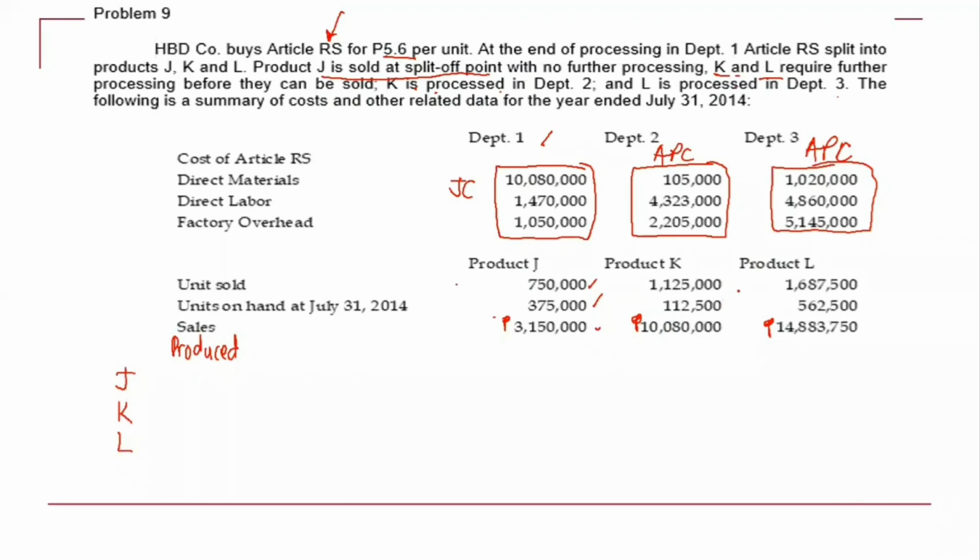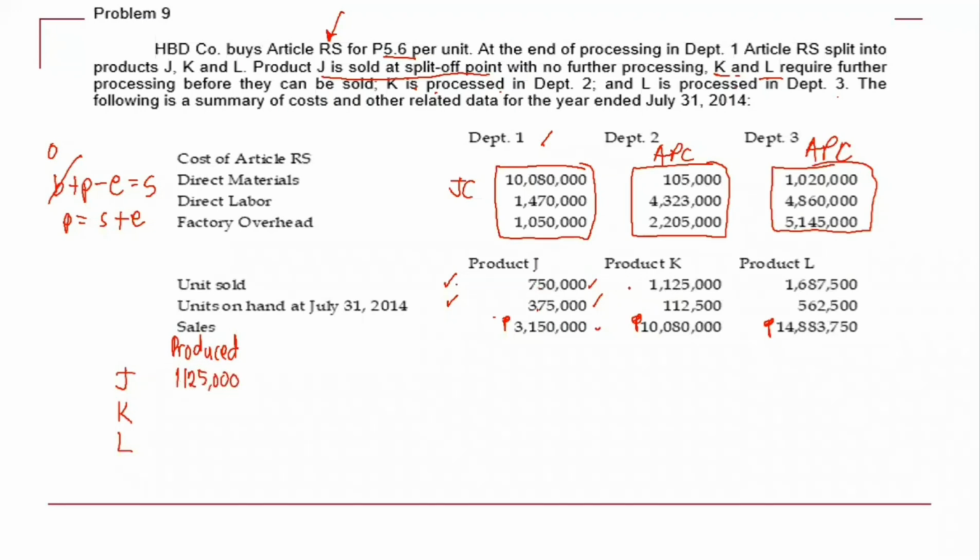Okay, so in that case, beginning plus produced minus ending is equal to sold. So, kung beginning ay 0, ibig sabihin ang produce ay sold plus ending. So, kaya naman pala, ito yung sold, ito yung ending, So 750 plus 375, ang product J natin ay 1,125,000 units.